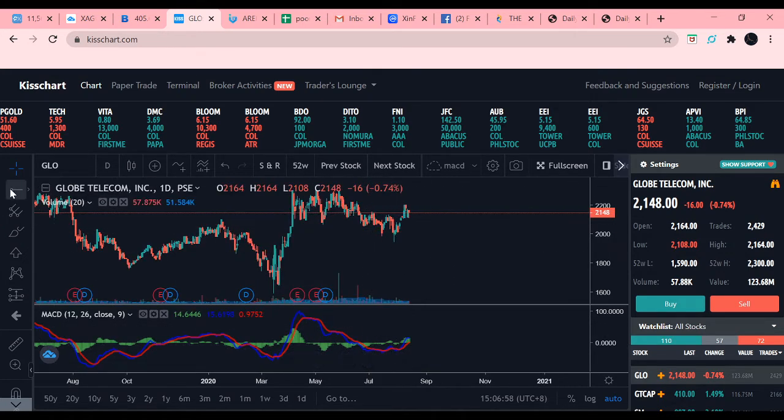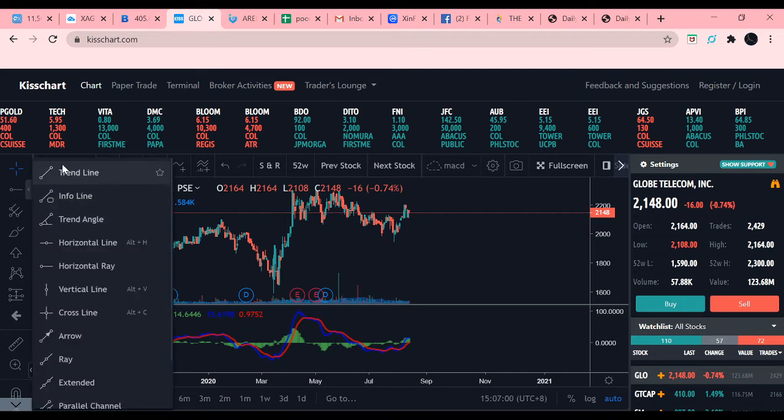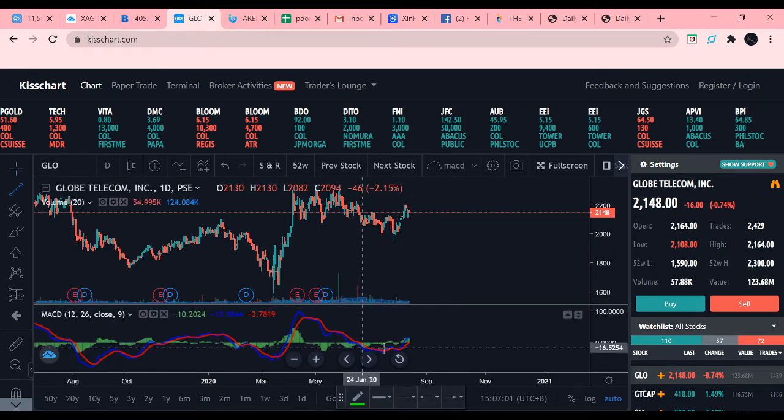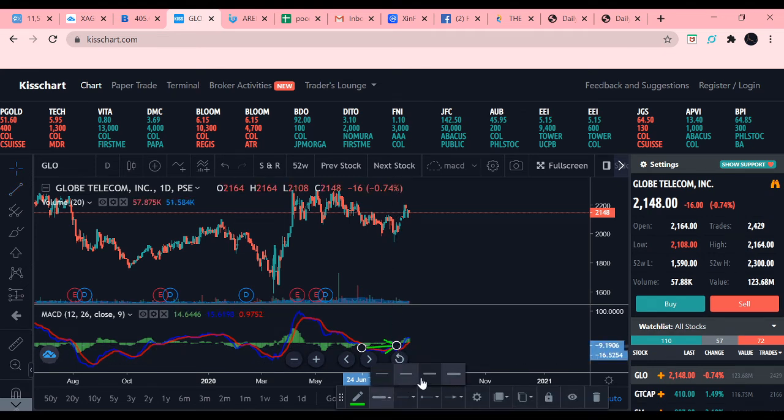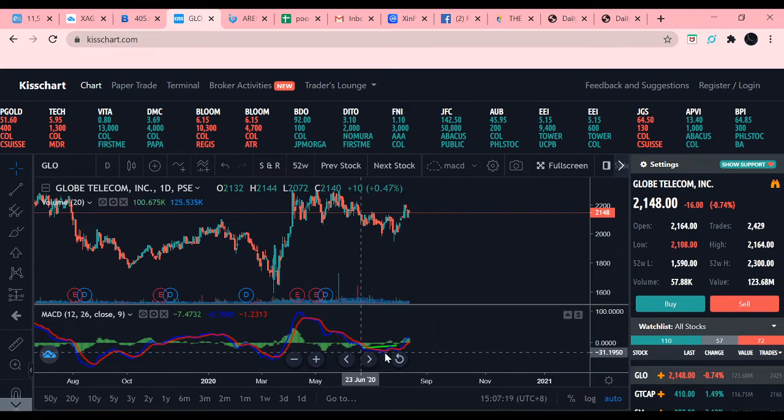Meron siyang actually divergence. Diba? It's actually big to small. So, gawin na natin siyang ganito. So, yan. That's actually a big to small.